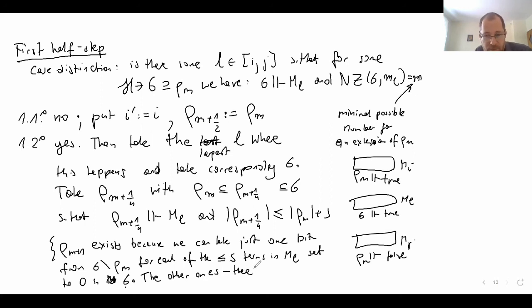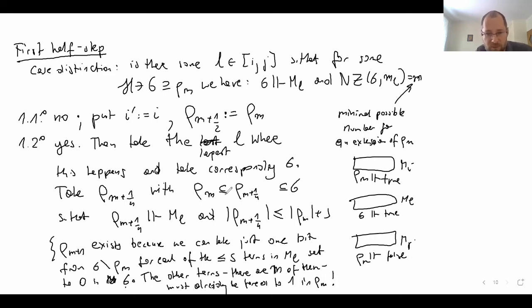There are m of them, the other terms. Exactly m of them must already be forced to 1 in row m.